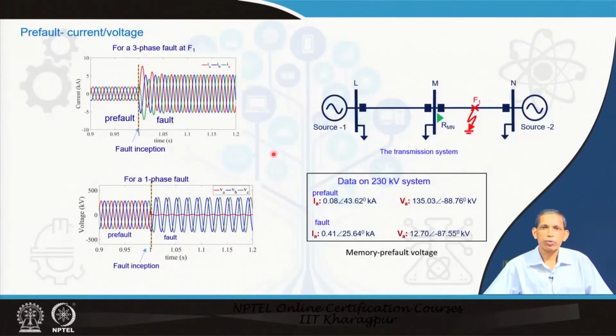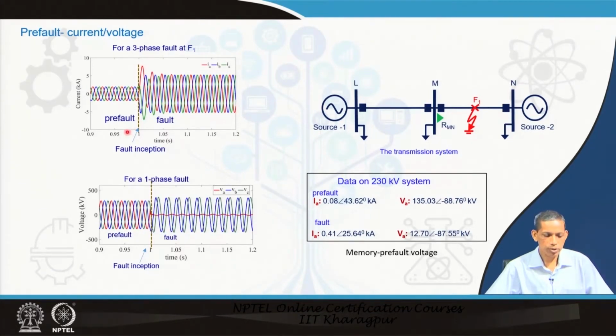Before going to that perspective, let us first have clarity on pre-fault and fault. This is the same 3-bus system, with a forward 3-phase fault for this relay RM. Normal current, then a 3-phase fault, and all 3 phase currents increase.